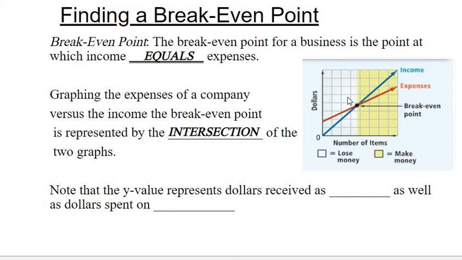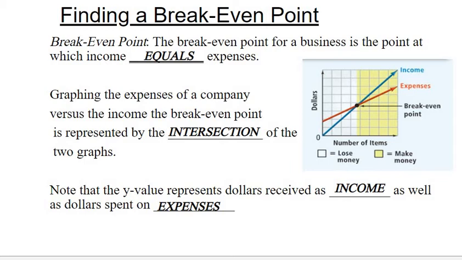Before it, you just have to pay. The y value represents dollars received as income as well as dollars spent on expenses. So the y-axis always shows money, and the x-axis differs according to the information in the question.